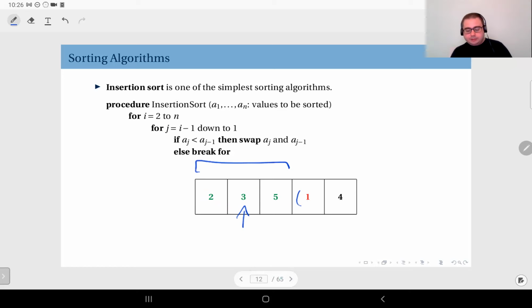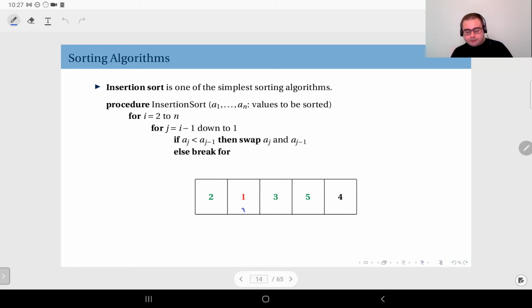And then you take the next element in your sequence, 1, and you would like to insert this in the sorted portion. So you compare it with 5, the order is incorrect, so you swap them. And then you compare this to 3, the order is incorrect, so you swap them too.